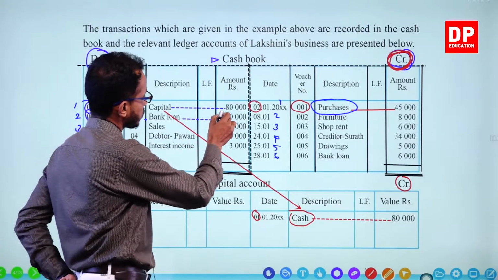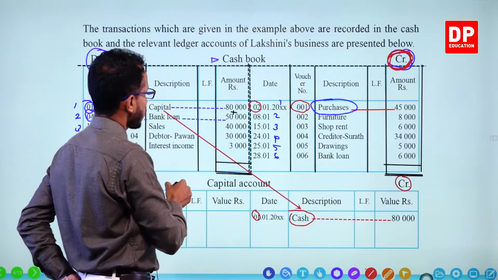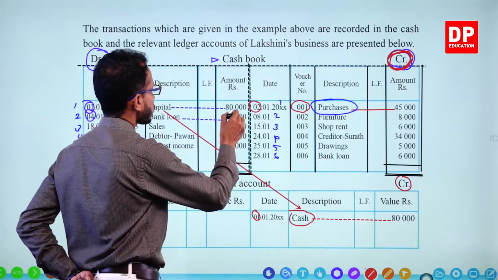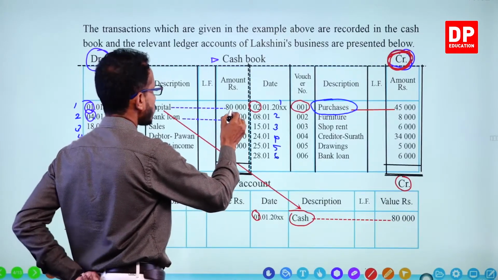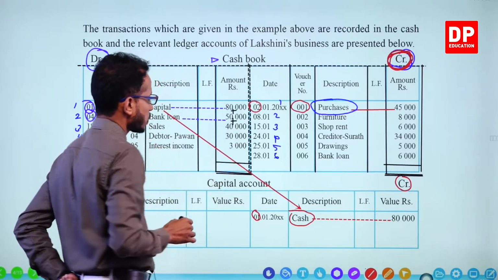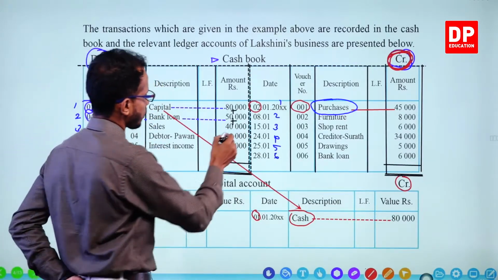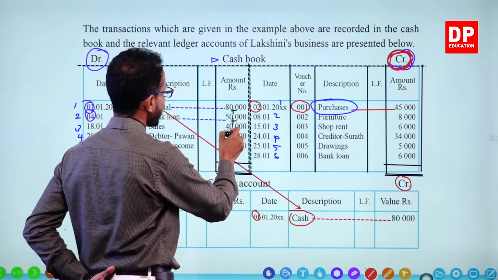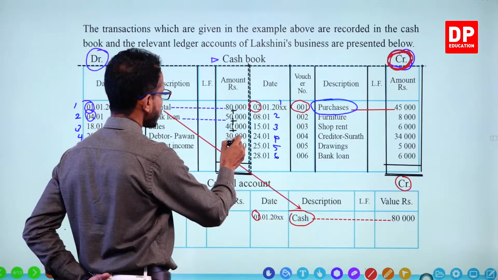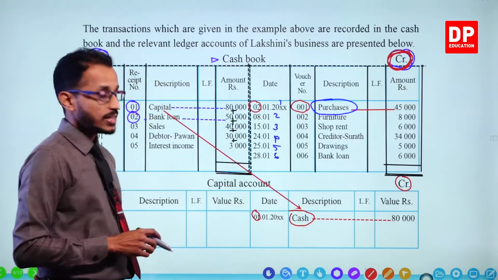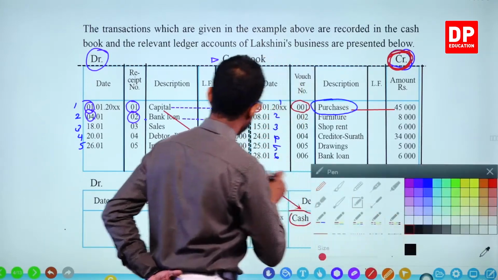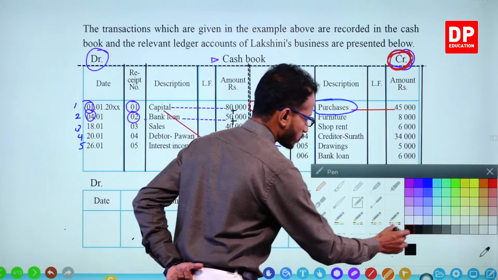I'm adding up these amounts. 130,000, 130 plus 40, 170. 170 plus 30, 200,000. 200 plus 3, 203,000. We get the total on the debit side, 203,000.